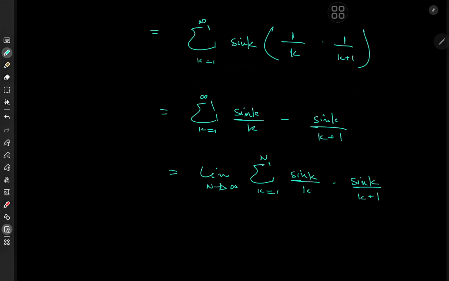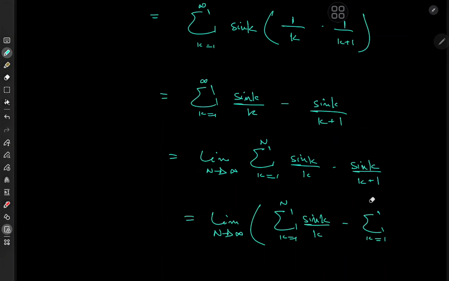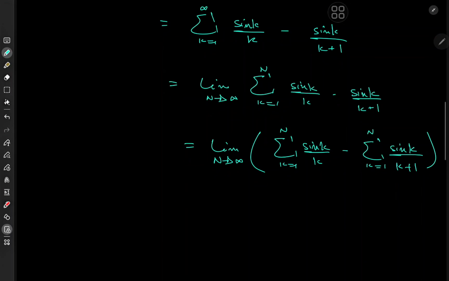And now, given that I'm dealing with finite partial sums, I'm going to apply the linearity of the summation operator. So this is going to be the sum over k from 1 to n of sine of k over k minus the sum over k from 1 to n of the sine of k over k plus 1.